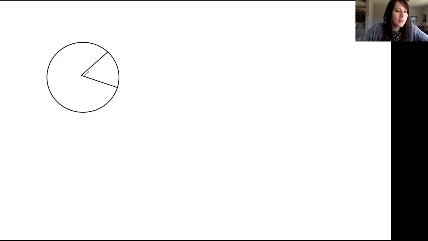So if we have an angle that comes out from the center, so we'll name this A, B, C. These are points right here on this edge. This is called a central angle. So a central angle, and I'm actually going to type this because it's much easier.